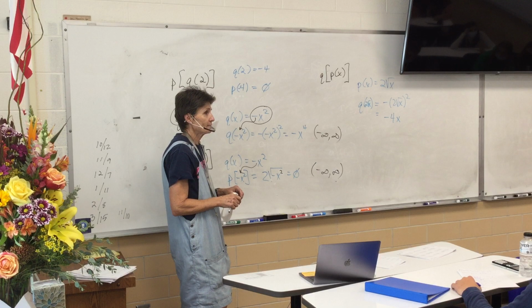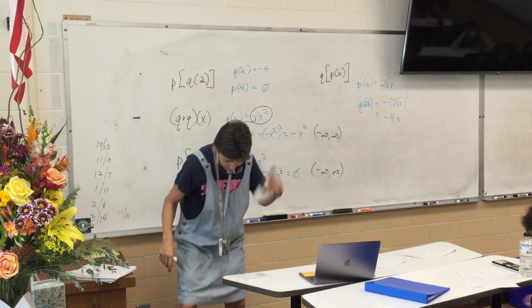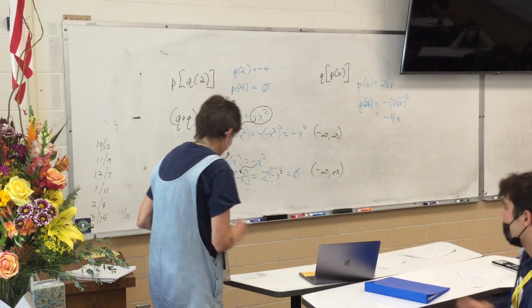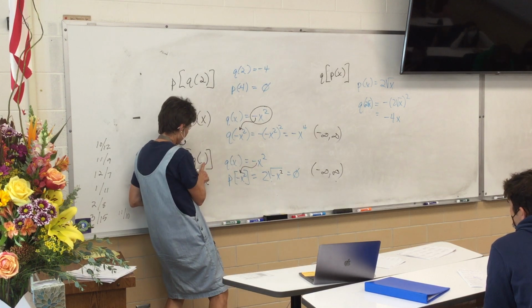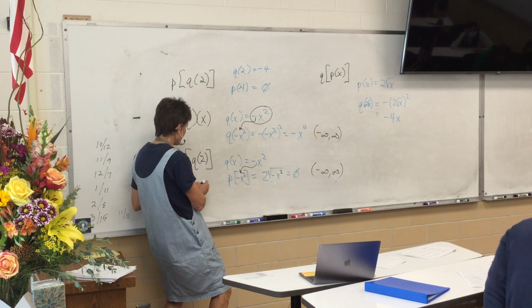Okay, now let's talk about that for a second. So here's what I want you to do, Aiden. I want you to pick a number. Any number. 2. All right, if we did this, what would Q of 2 be?